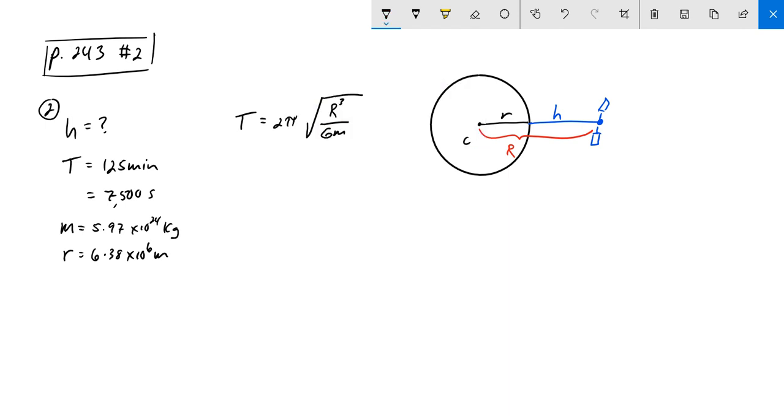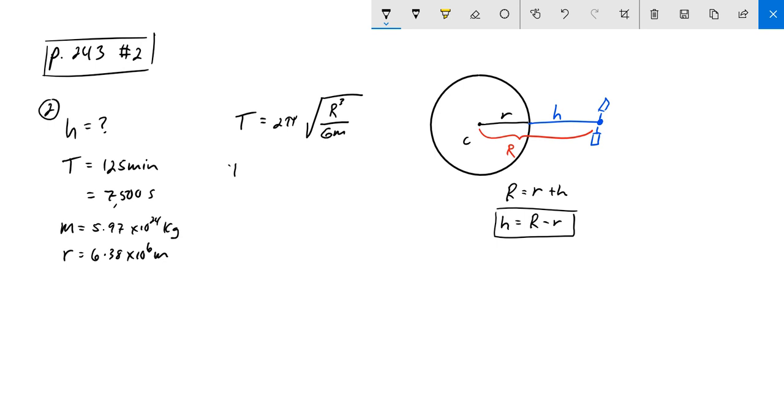So I need to solve this equation for big R, because big R is equal to the radius of the planet plus the altitude, which is height. If I want to solve for height, my next step after this will just be taking big R minus little r. So ultimately, I want to get to this. What I have to do to solve this for R is square everything.